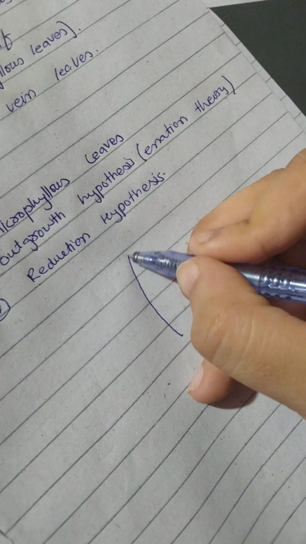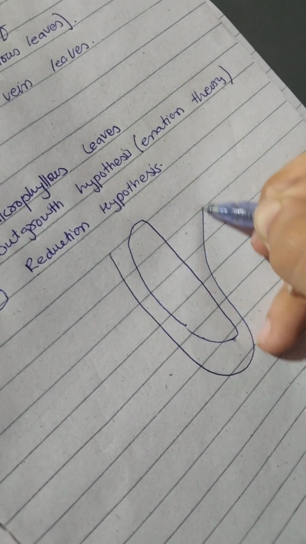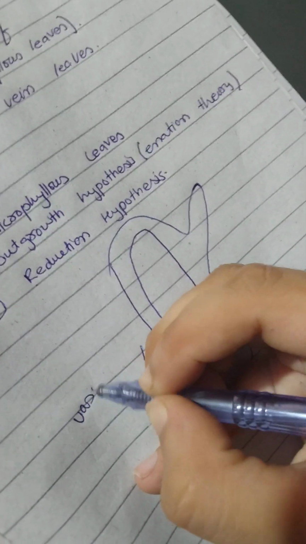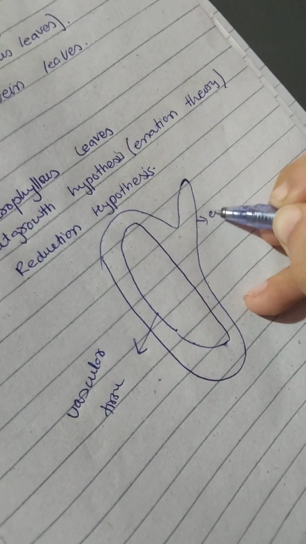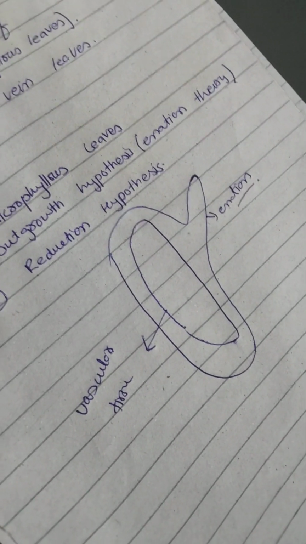Basically, consider this is the stem, and this is the vascular tissue inside it, and this outgrowth, right? Outgrowth of a stem is known as an enation.